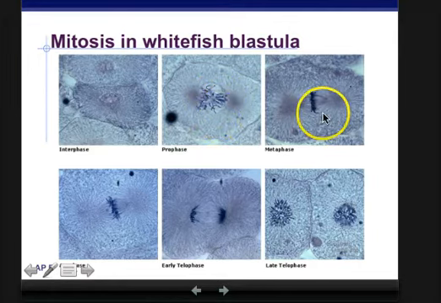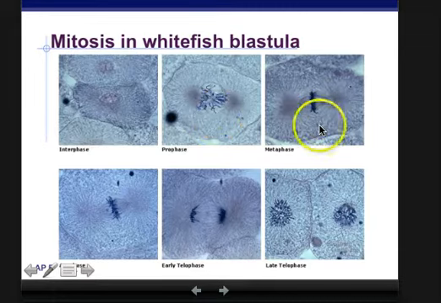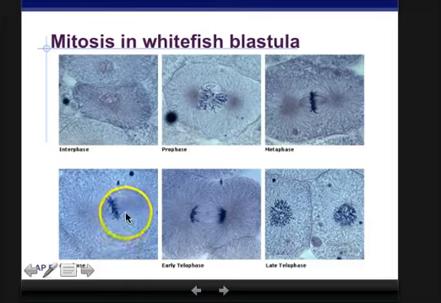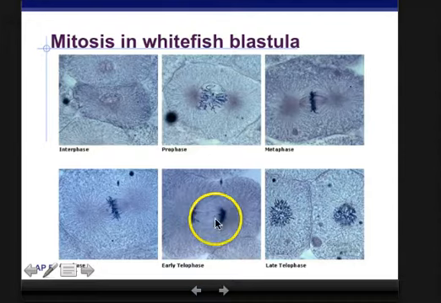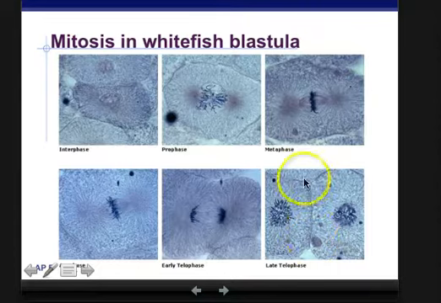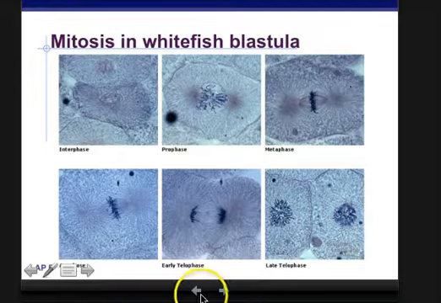What's happening in metaphase? This has been dyed, of course, to show us the chromosomes nice and dark. And here's the beginning of anaphase, and then early telophase and late telophase. You can see that we've got the distinct membrane happening there. The chromosomes are organized into new nuclei.